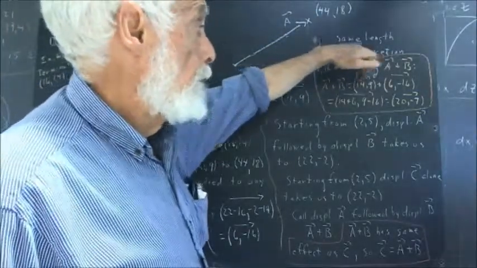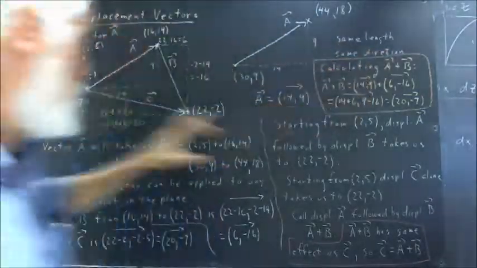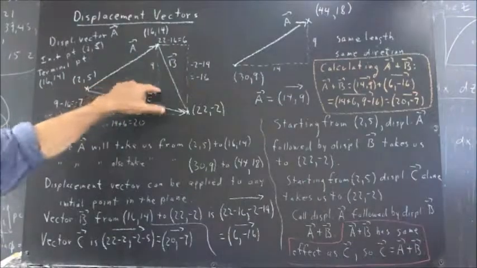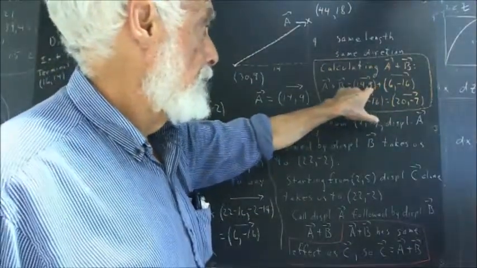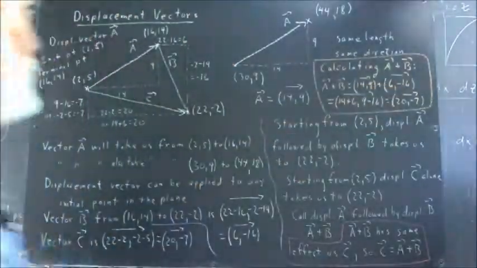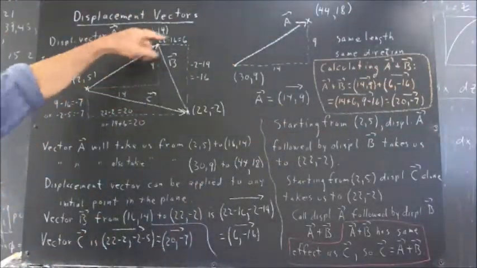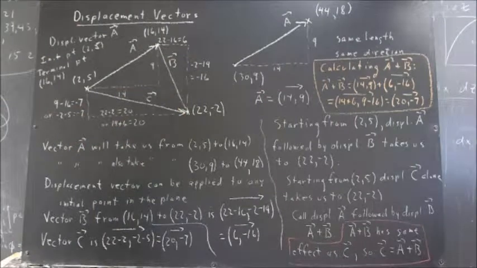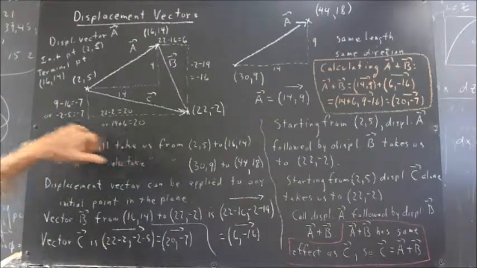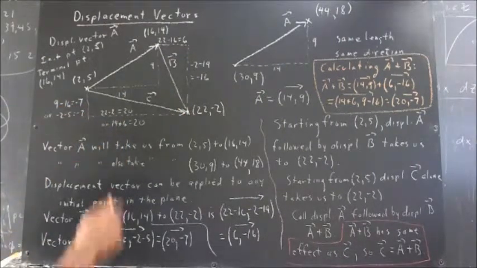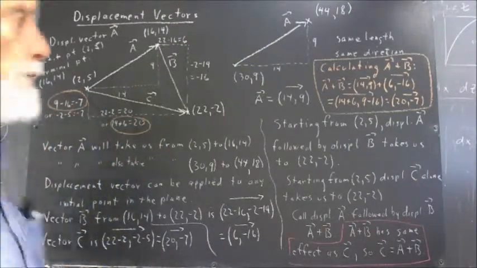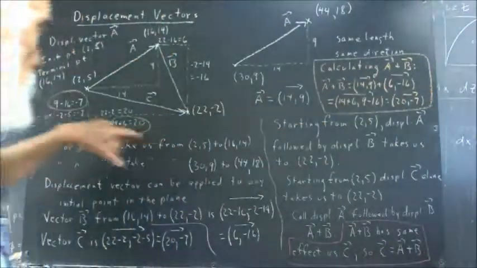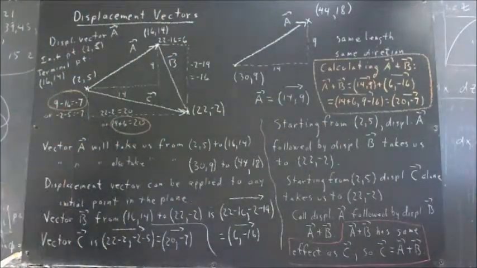And we add the 14 and the 6, and it should be clear from the picture why we add the 14 and the 6. And then 9 minus 16, 9 and minus 16, and it should be clear why we do the 9 and the negative 16. And that gives us 20, negative 7, as was indicated here. So the calculation we show here just summarizes what we observe about the picture.